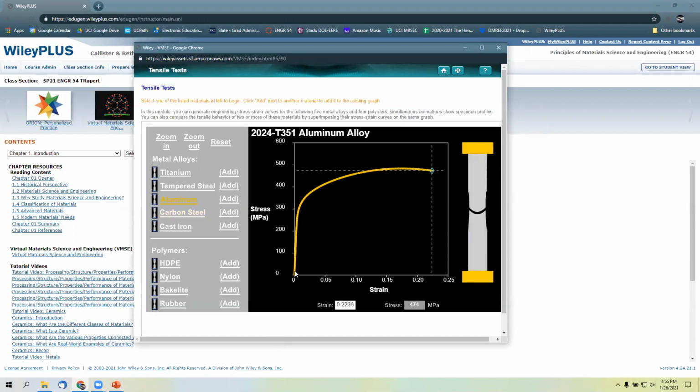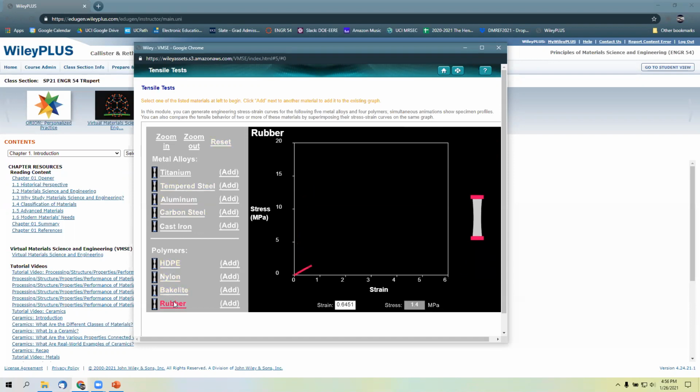So the sample loads up, it starts to yield, maybe something around 300 megapascal. And the stress that I need to apply to continue deforming it keeps rising, and it goes up somewhere around 500 megapascal over time.